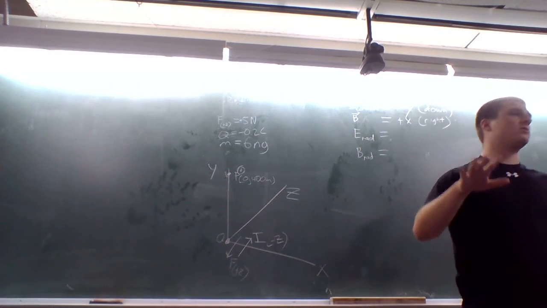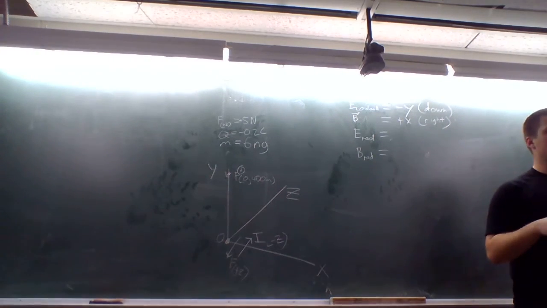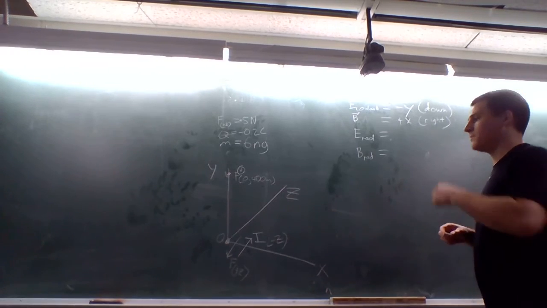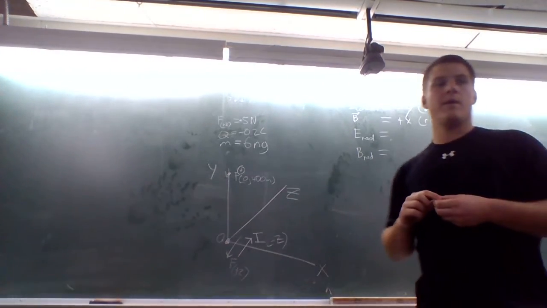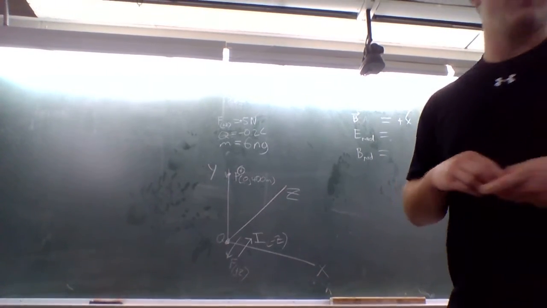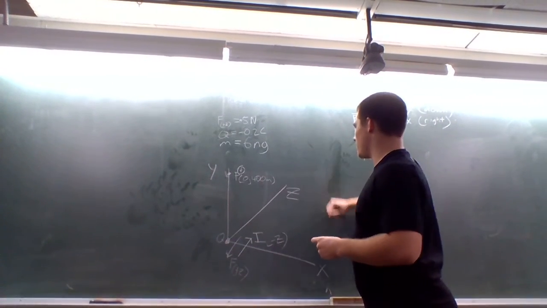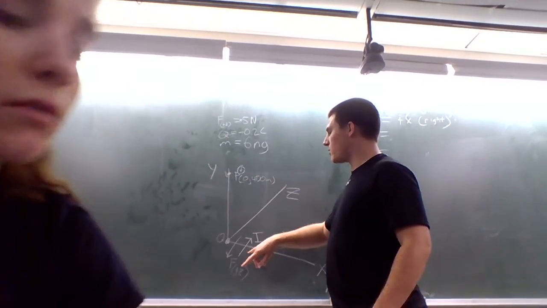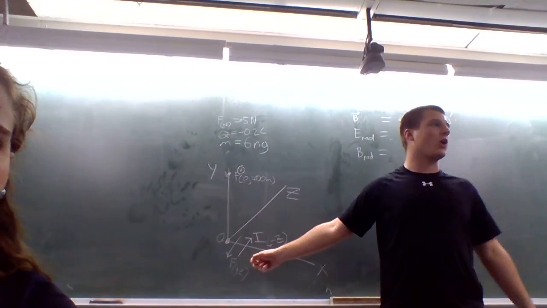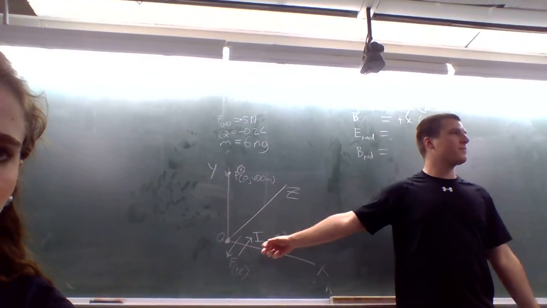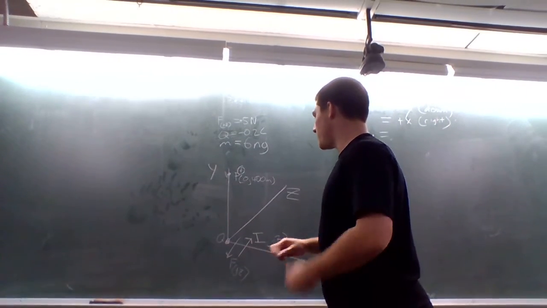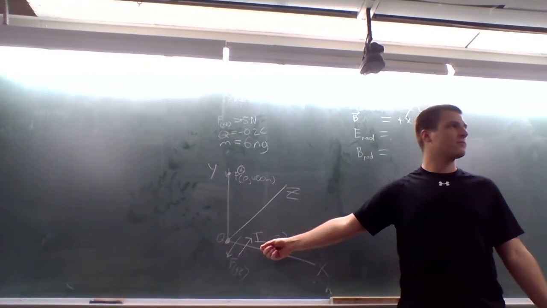So now we have the radiation fields, which are a little more complicated, and hopefully I can make them make more sense. The E radiation, the radiation due to the electric field, is always going to be in the same direction as the current. So if you find this current, wherever it is, it's going to be in the same direction.